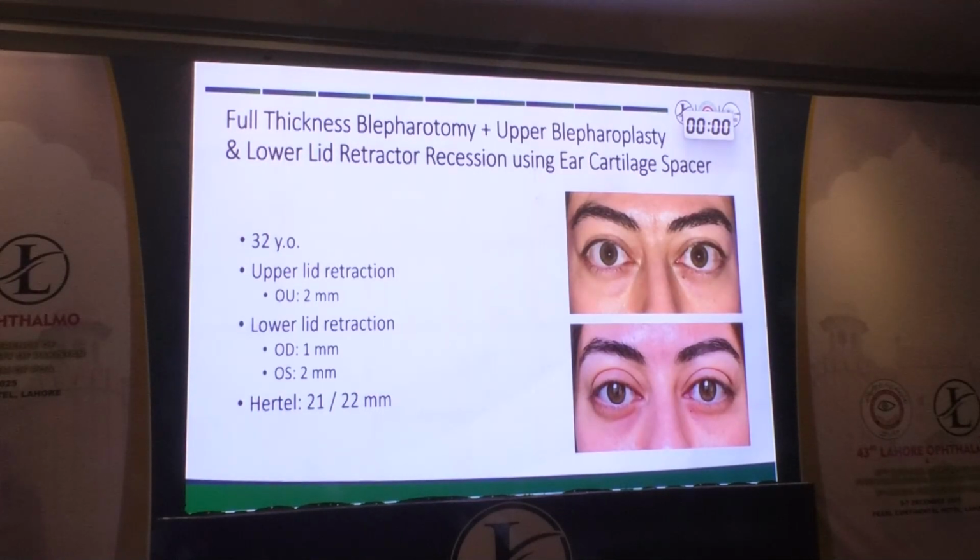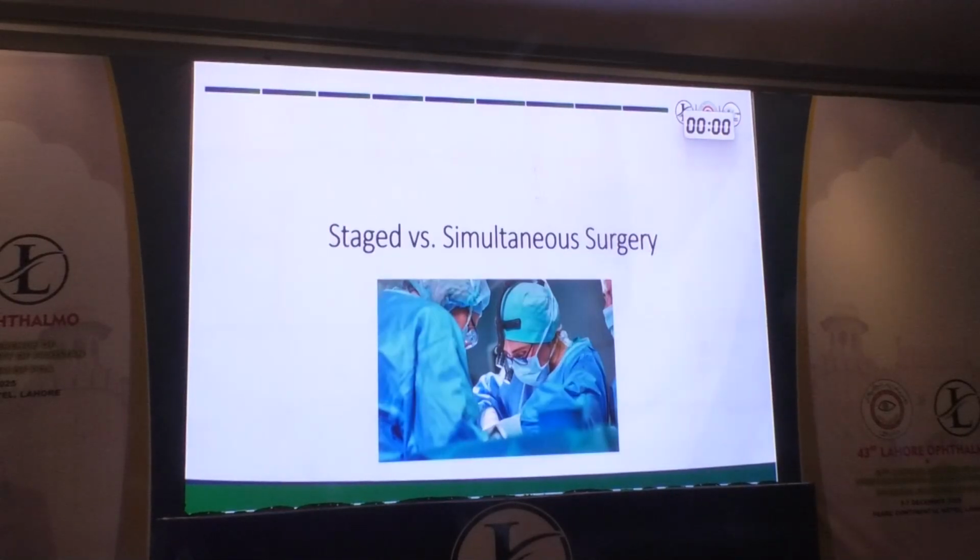She wasn't bothered by the minimal proptosis she had, and I did upper lid blepharoplasty and full thickness blepharotomy at the same time. For the lower eyelids, lower lid retractor recession, and for the lateral side to help with the scleral show, some small ear cartilage spacer grafts.